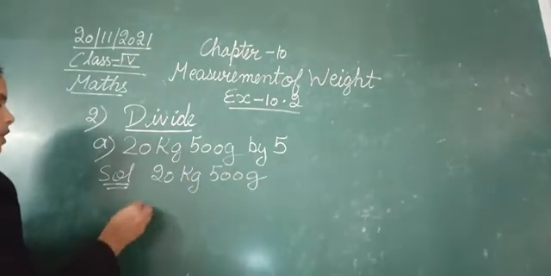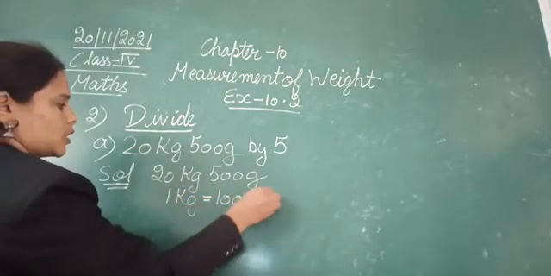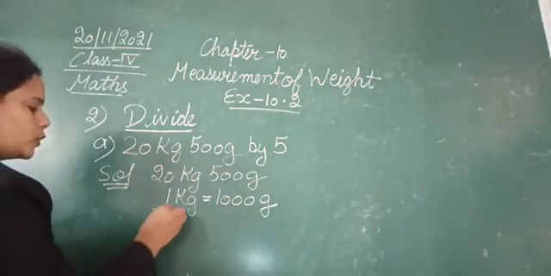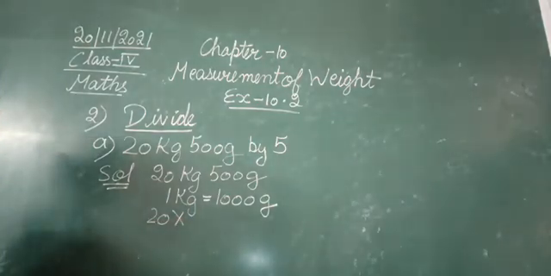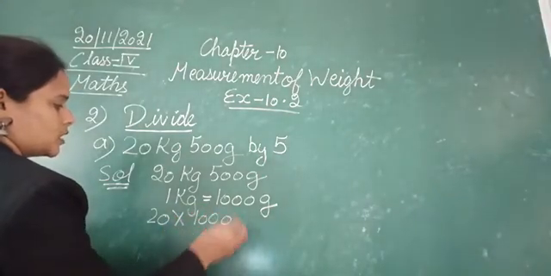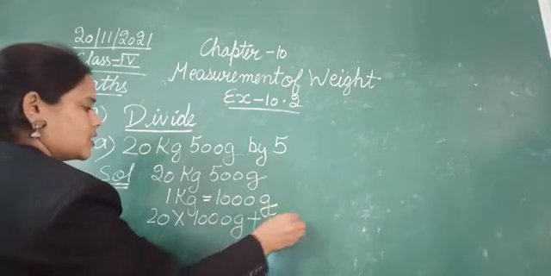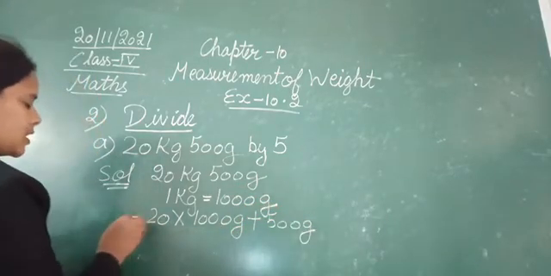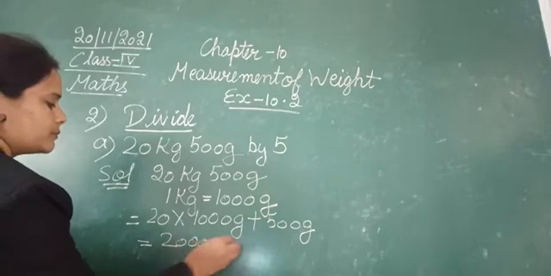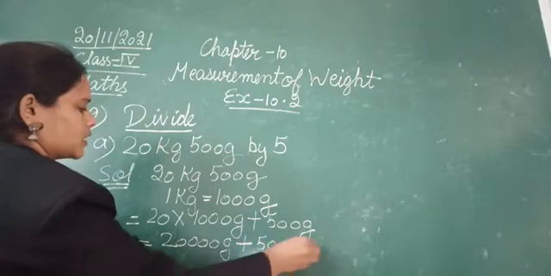Okay, so 1 kg is equal to 1000 grams. For converting 20 kg into gram, we need to multiply 20 with 1000. So 20 multiplied by 1000 will become gram, and 500 is already gram. So 20 multiplied by 1000 is 20,000 gram, plus 500 gram.